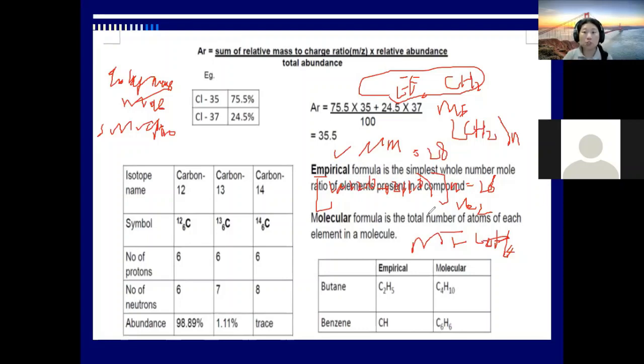Now you have to be careful, because if you are asked about the molecular formula, then you stop here. But if you are asked about the structural formula, then you have to draw more. You have to draw all the bonding and get to the structure. If I want you to do the structure, don't give me 90 degrees. You have to draw a tetrahedral shape. Very sorry to say that.